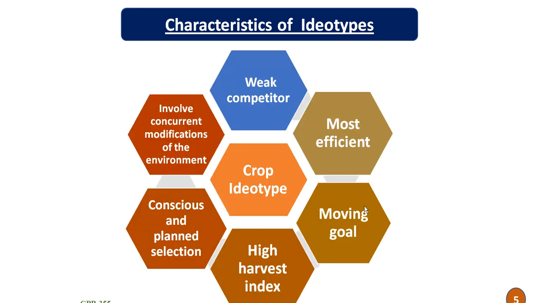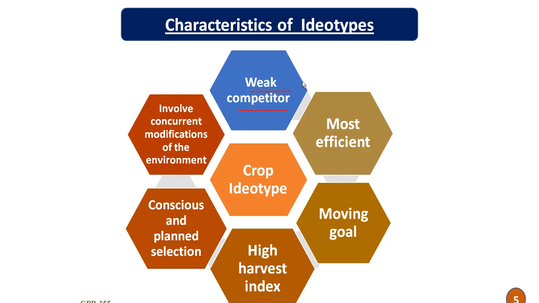So the ideal plant type or crop ideotype should possess different characteristics, such as weak competitor. The crop ideotype should be a weak competitor. That means the individual plants of an ideotype will compete with each other to a minimum degree when grown as a crop.